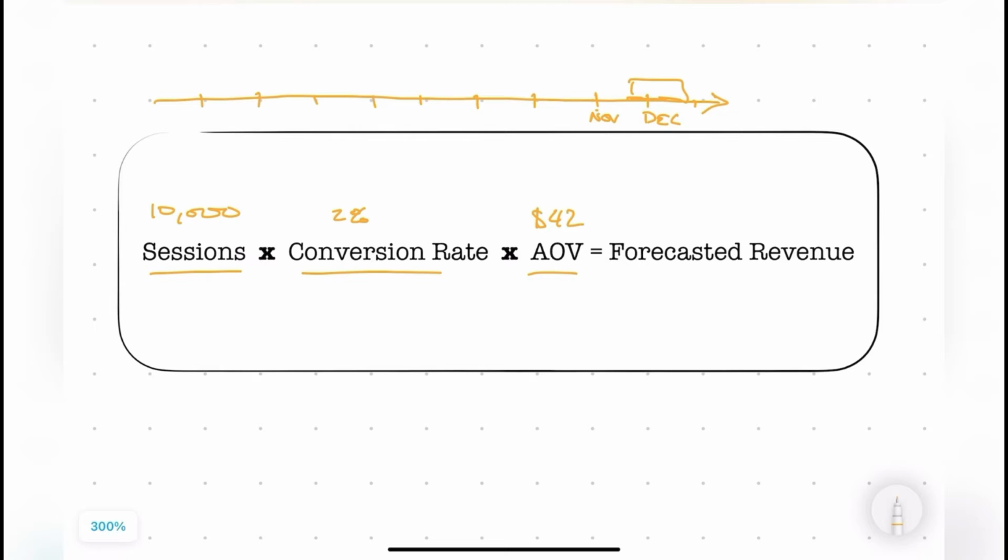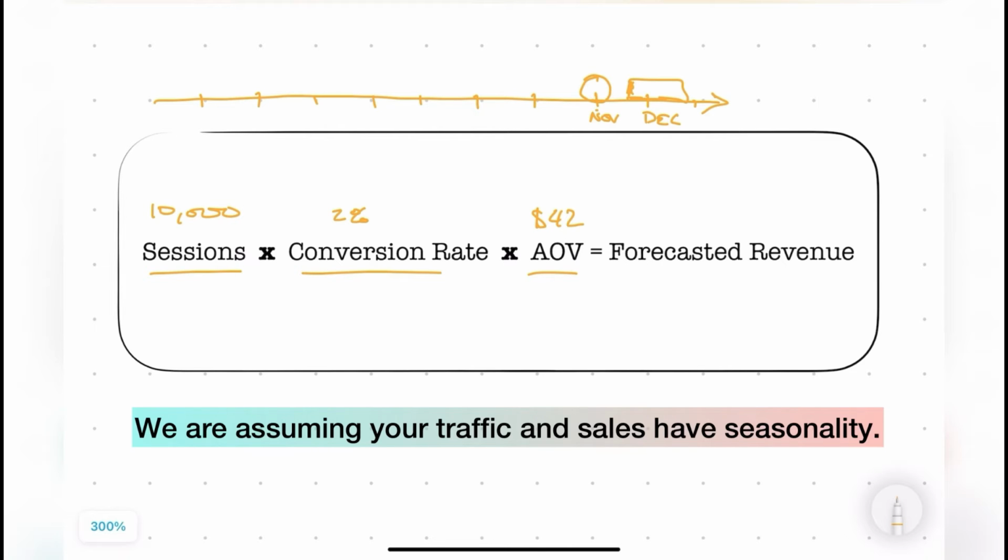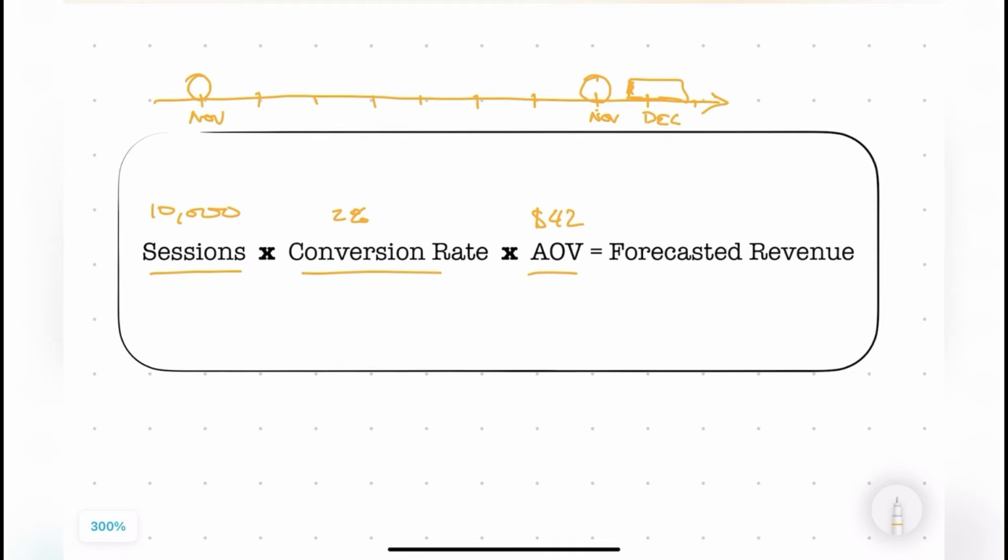Here's what's worked for our customers: we look at where we are right now in November, and where we were last year in November. For any of these metrics, we can say last year we were here, this year we are here for this November, and see what kind of growth pattern we're seeing between both Novembers. Then we can more accurately set some targets for December that will help us forecast revenue.